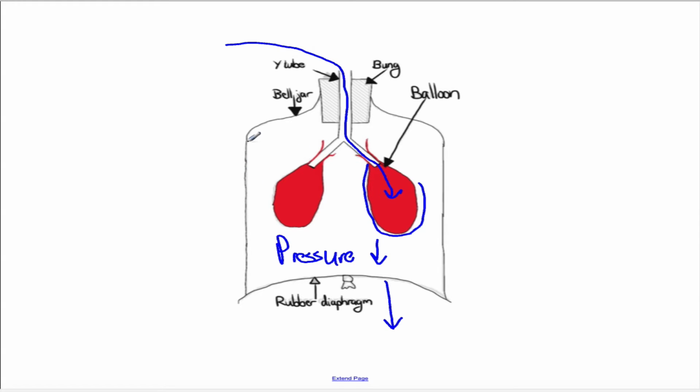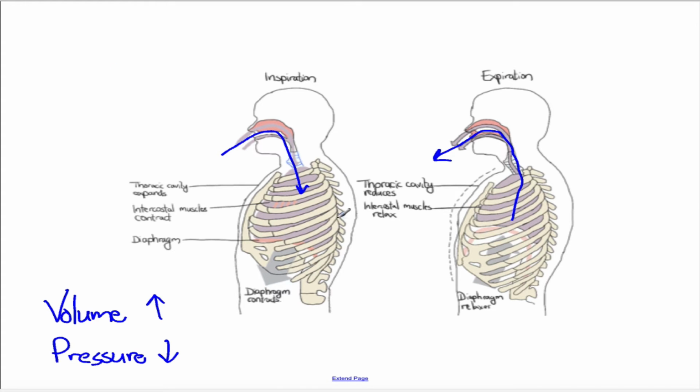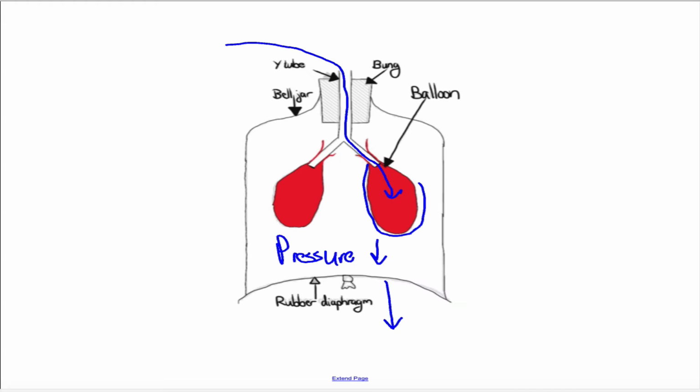And so this is a wonderful model to try and explain how the lungs can fill up in the way that they do as a result of the movement of the diaphragm. So we pull the diaphragm down, volume increases, pressure decreases, therefore the air will rush into the tubes and fill up our balloons.